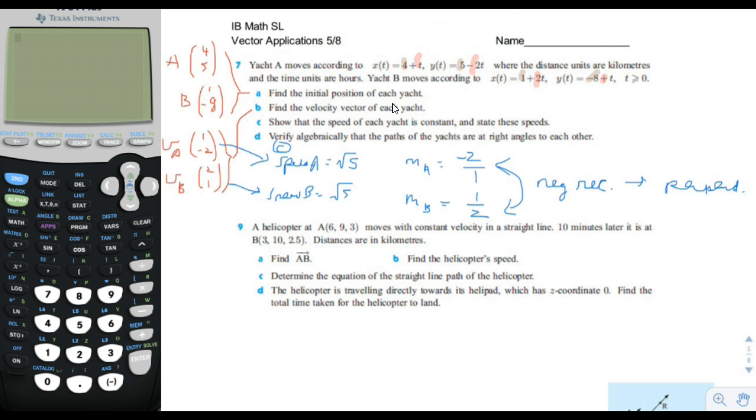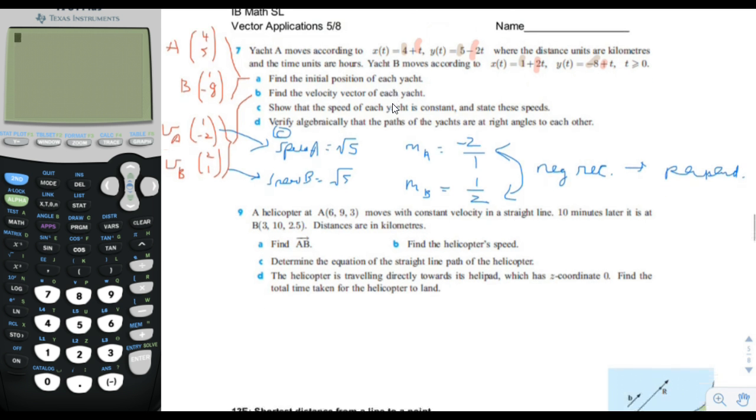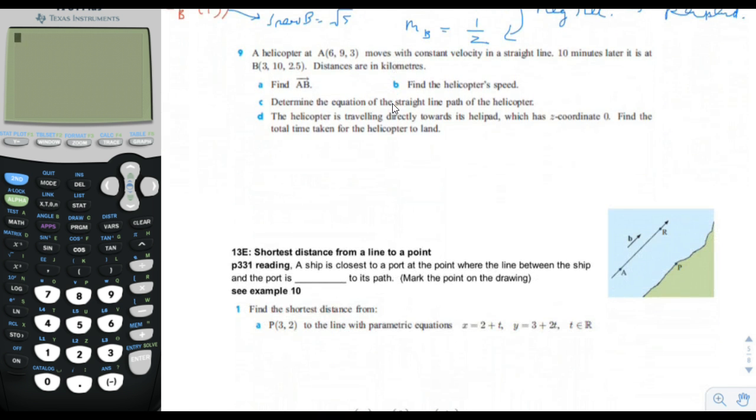Okay, so that's it. Number 9. A helicopter at point A, (6, 9, 3), moves with constant velocity in a straight line. 10 minutes later, it is at B, (3, 10, 2.5). Distances are in kilometers. Find vector AB.